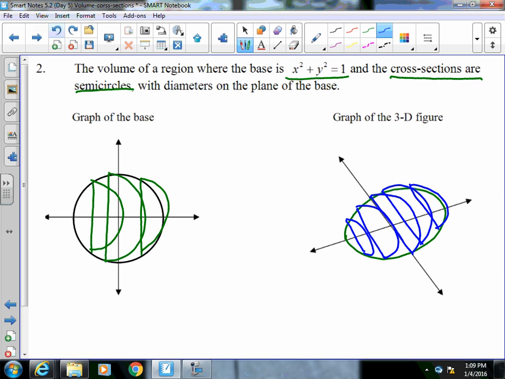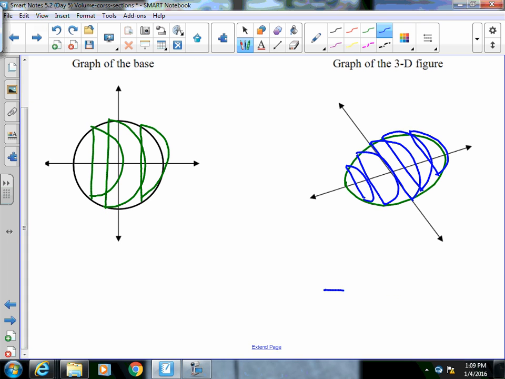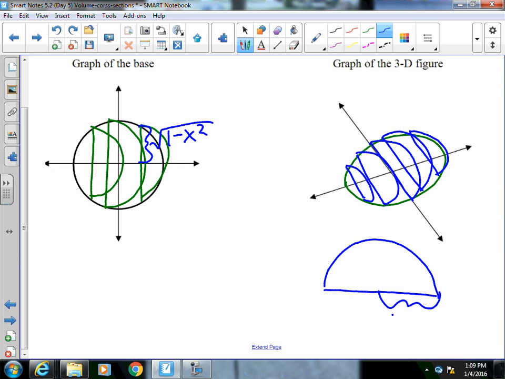Now let's talk about a semicircle for a second. Here's the shape. We know the radius because of before, when we talked about this being radical 1 minus x squared, the radius of this is going to be radical 1 minus x squared.